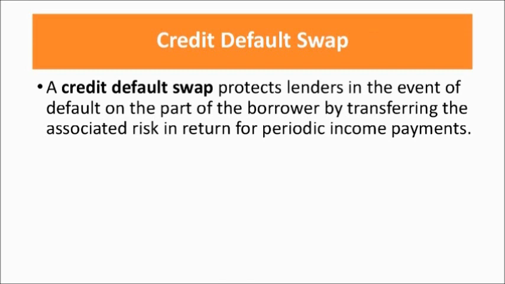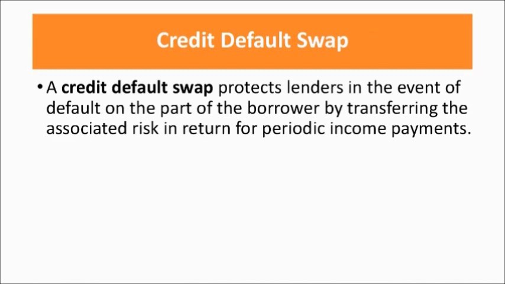So credit default swap is nothing but a contract which protects the lender in the event of default on the part of the borrower by transferring this associated risk in return for periodic income payments. So here the main thing is the event of default. If the borrower defaults, that risk is transferred and mitigated by using a credit default swap.